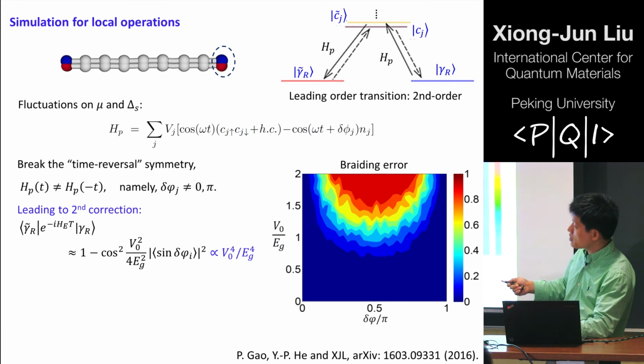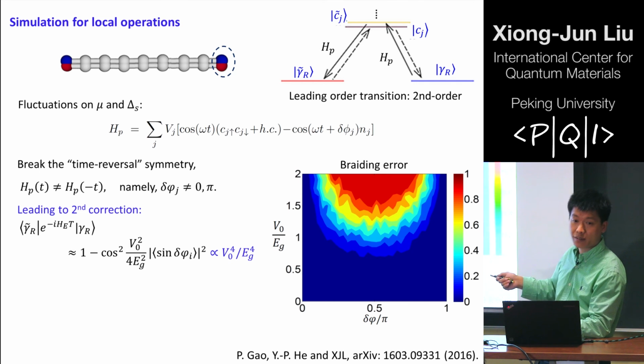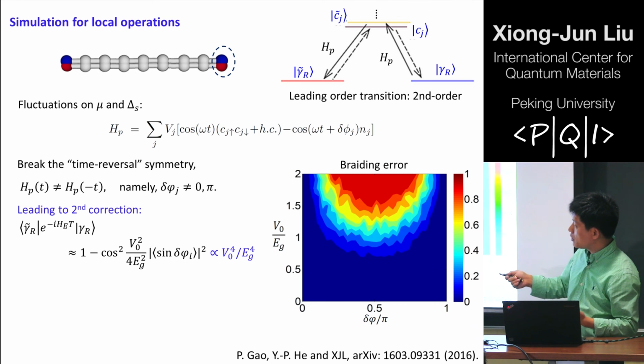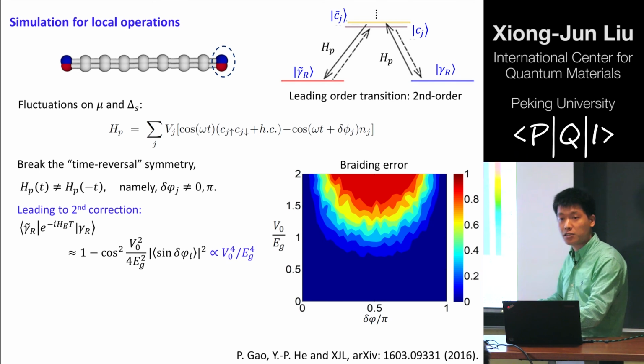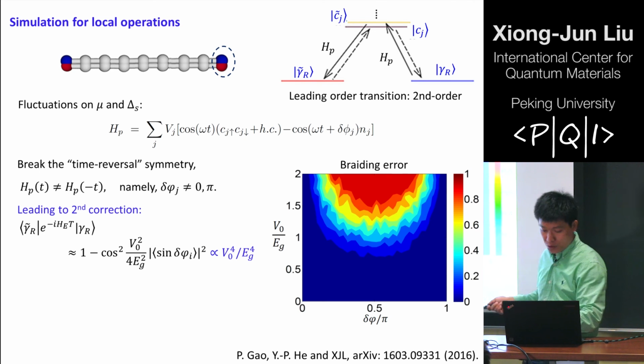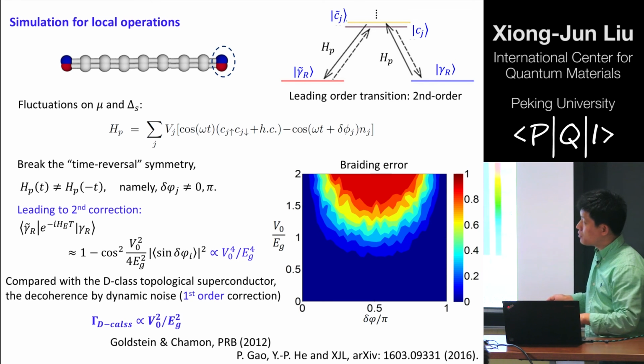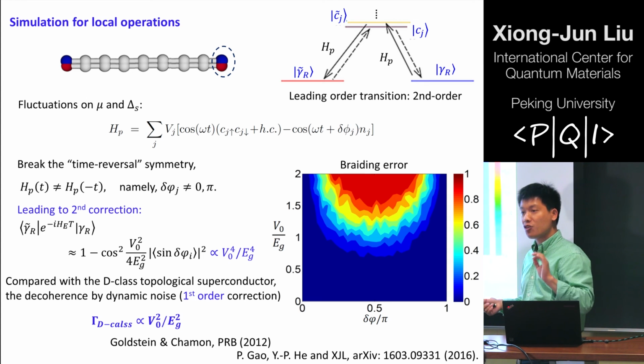But the leading order is proportional to the power 4 of the strength of the dynamical noise. This is exactly the second order transition contribution. So maybe you should worry about it. Anyway, if you have dynamical noise, you have decoherence to the braiding.